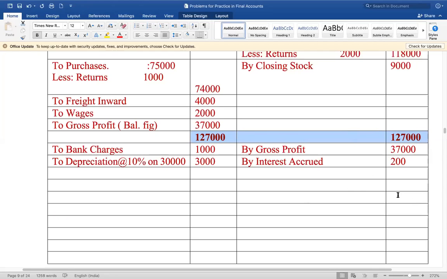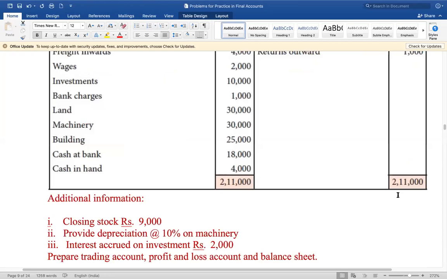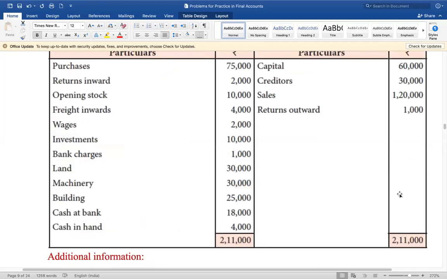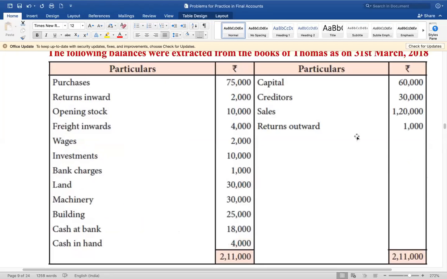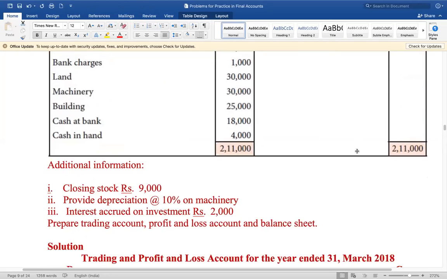So that's all. Did I miss anything? Please scan through the expenses and incomes to be taken into profit and loss account. Nothing missed, so one more scan is over.